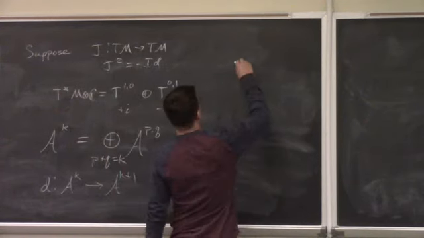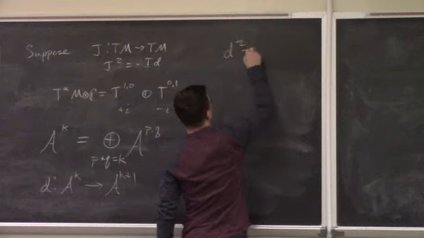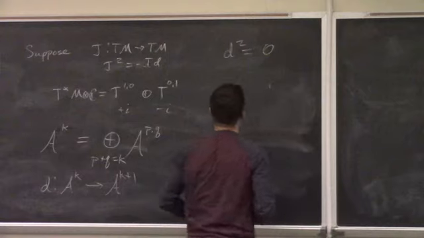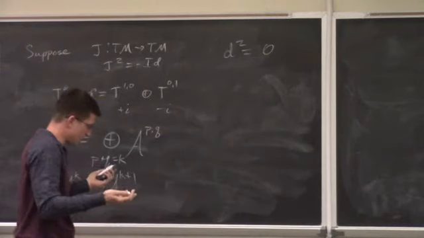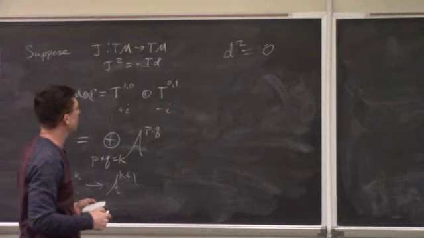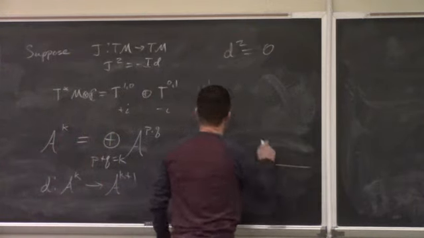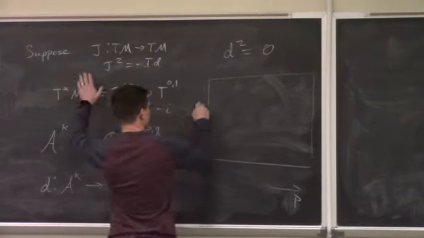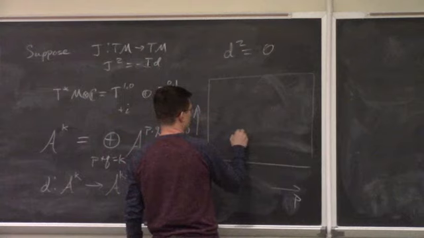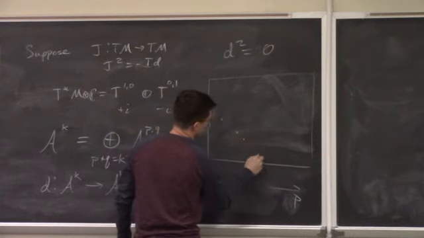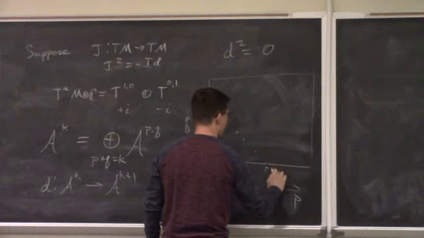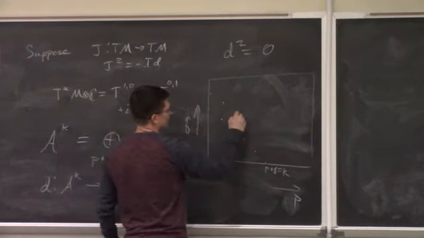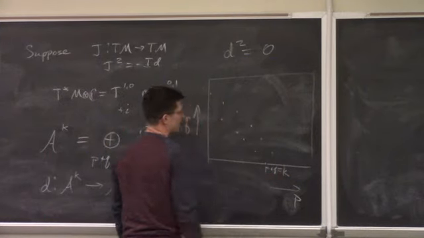So let's go. We have this equation, d squared equals 0. You can ask, what can I gain from this equation? You can look at the space of forms and break it into a bigrading given by these p's and q's. If I have a form whose total degree is k, and I take d of it, where does it land? A priori, it just lands somewhere on the next diagonal.